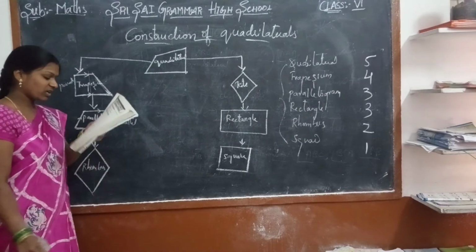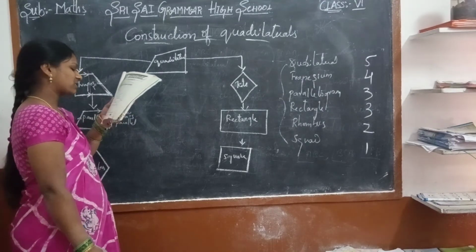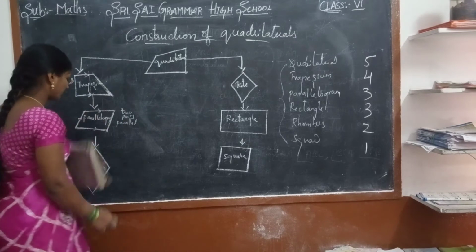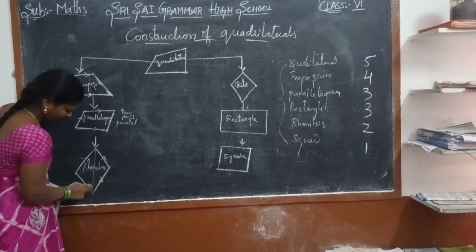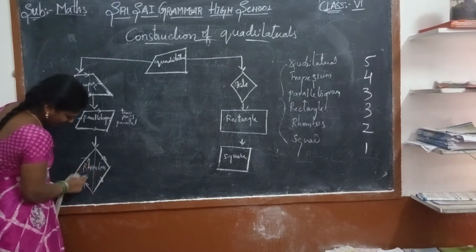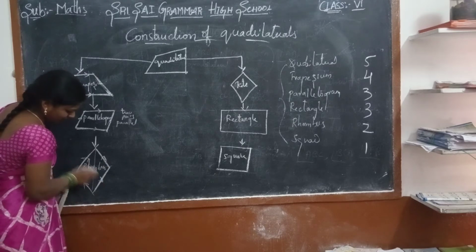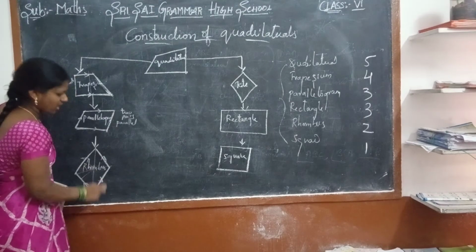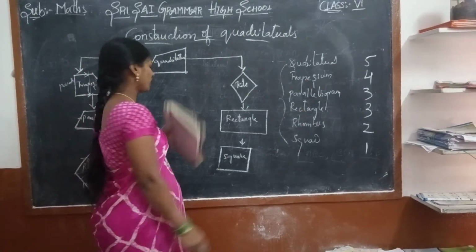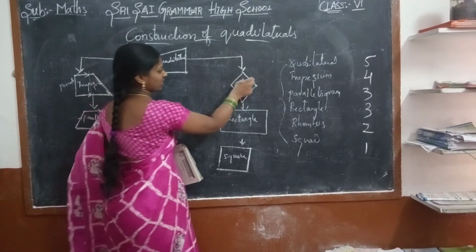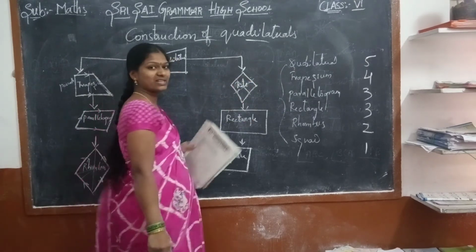In a rhombus, the adjacent sides are equal. Here also, the adjacent sides are equal.